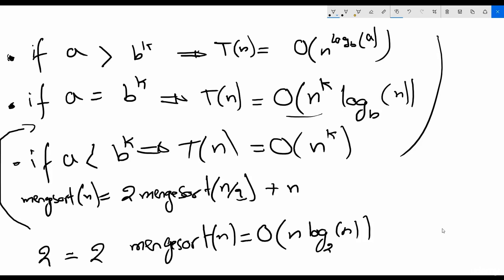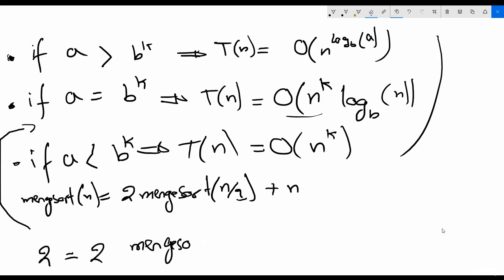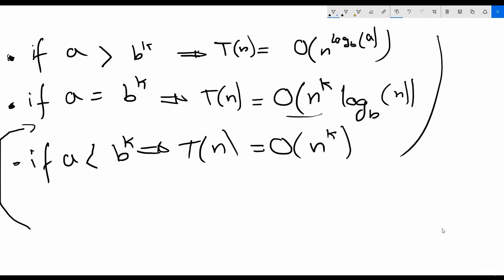So here's another example to make sure that you got the idea right. Let's say you have an algorithm called t of size n, and that problem will always generate, for example, 3 t of n divided by 2 plus n squared.